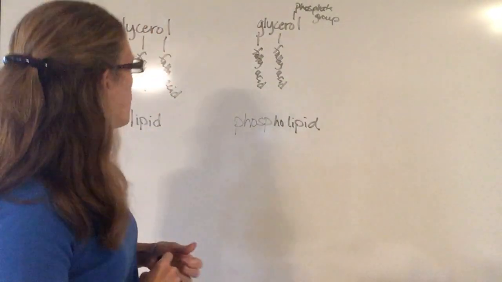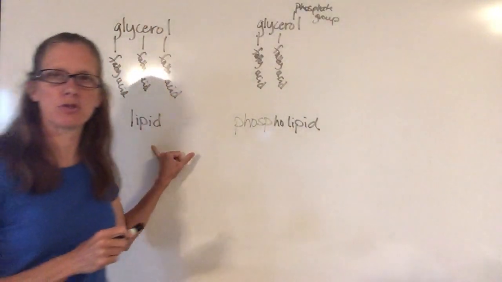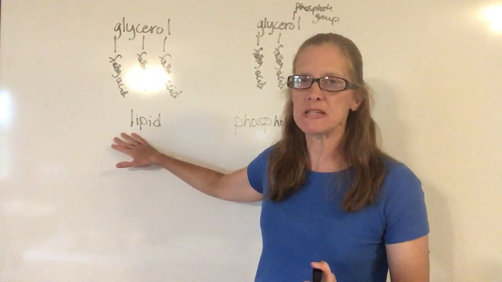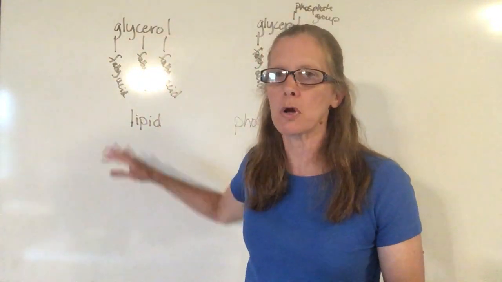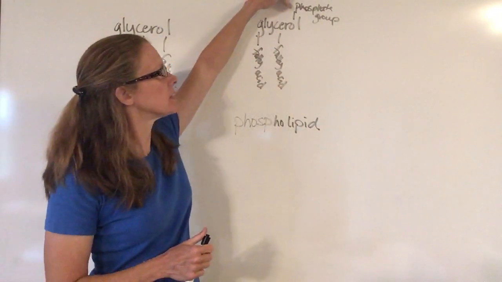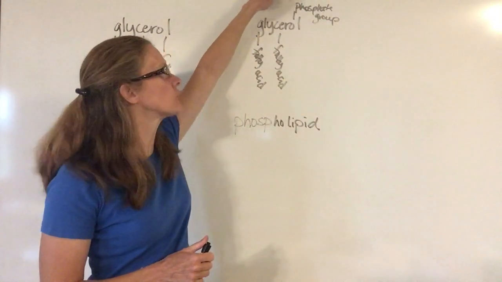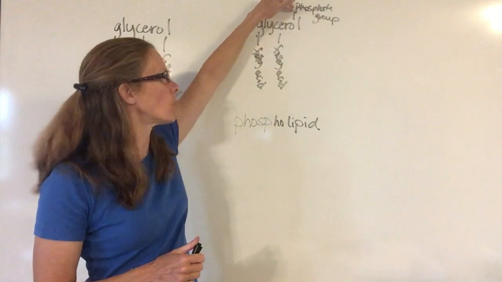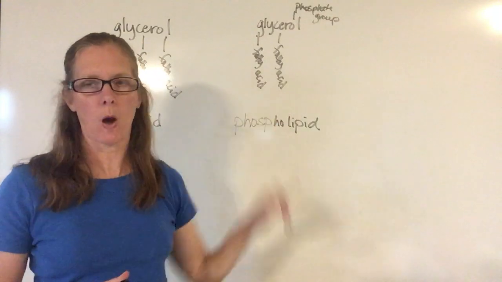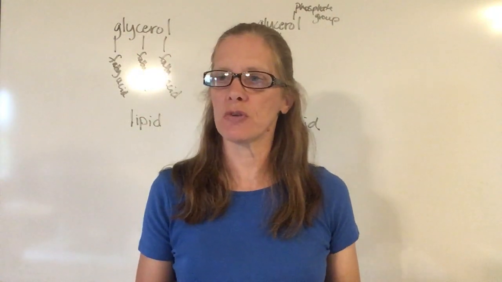So while a lipid is nonpolar, which means it's not going to dissolve in water very well, a phospholipid has this end up here that has a charge, so it is going to like dissolving in water, whereas this side of it is not going to like dissolving in water. So it actually has 2 different ends.